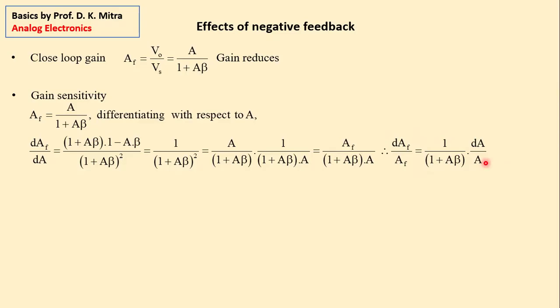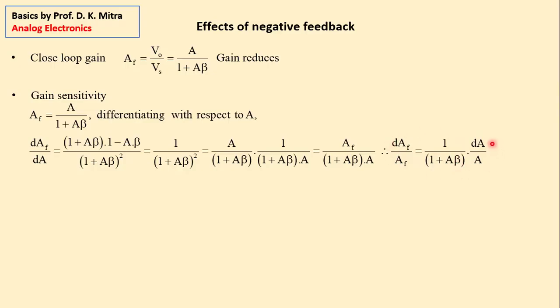So if for any reason dA by A is say 10%, so the gain of the original amplifier changes by 10%, then the gain of the feedback amplifier changes by 10% divided by 1 plus A beta. 1 plus A beta is always much more than 1.